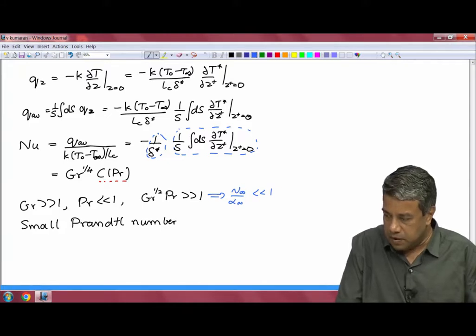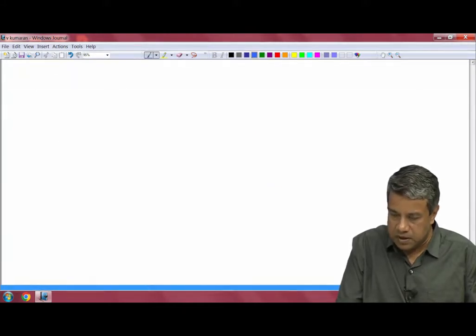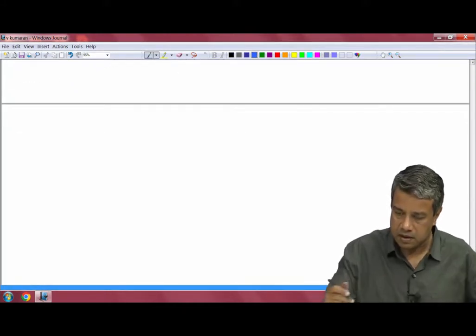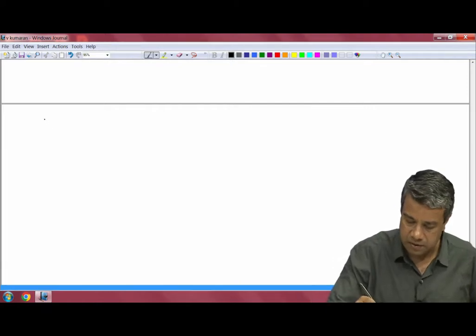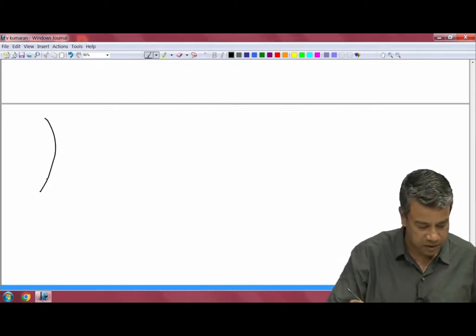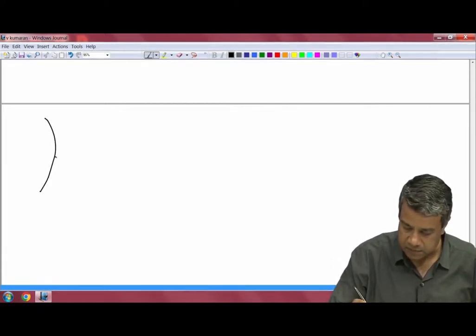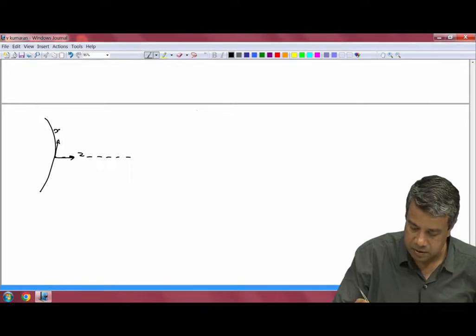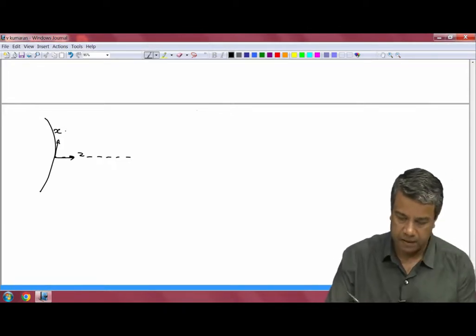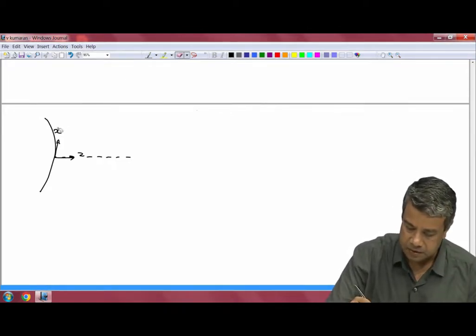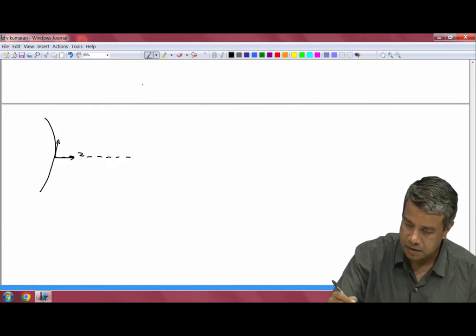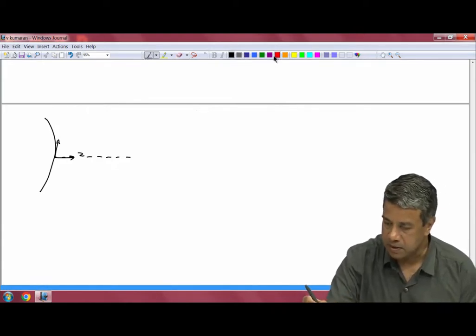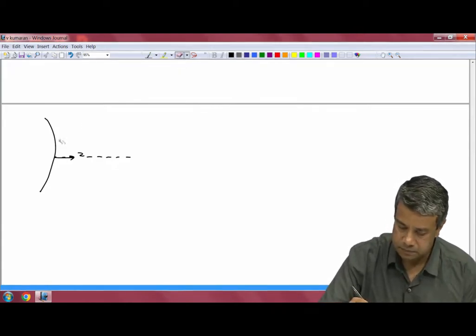So, if I plot the energy, the temperature and the velocity fields close to the surface, where z is the cross stream direction and x is the streamwise coordinate along the surface.